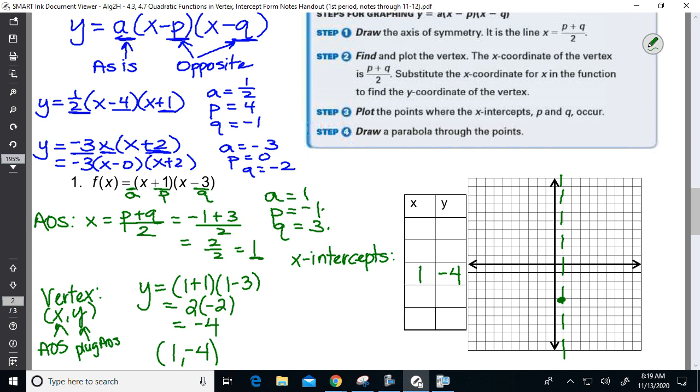So your x-intercepts are (p, 0) and (q, 0). Whatever your p and q values are, you make points out of them, and they go in your table.